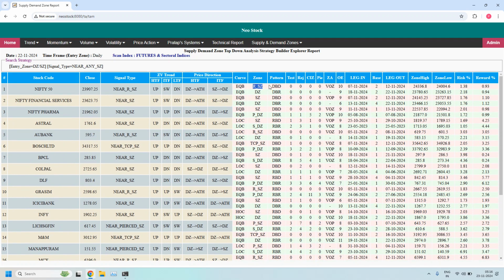NIFTY 50 is having a high liquidity daily supply zone, stocks near to the daily supply zone. Next, AU Bank is having. Bosch is having a high liquidity supply zone.